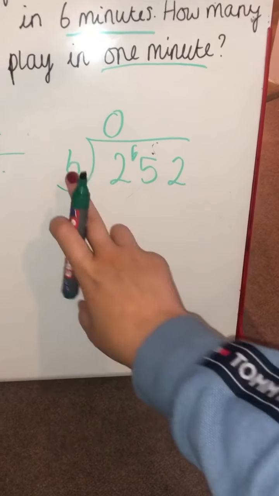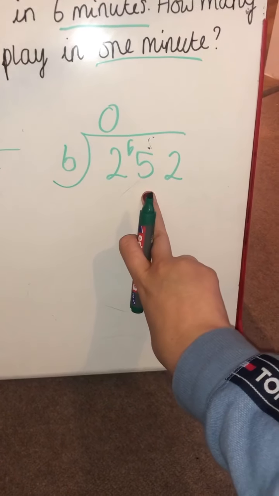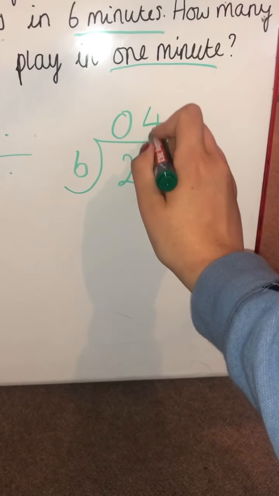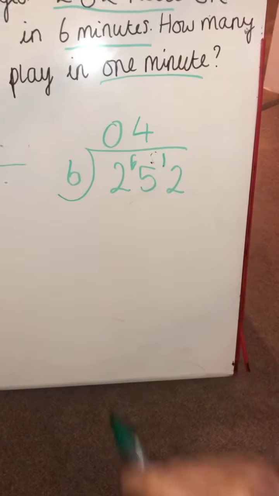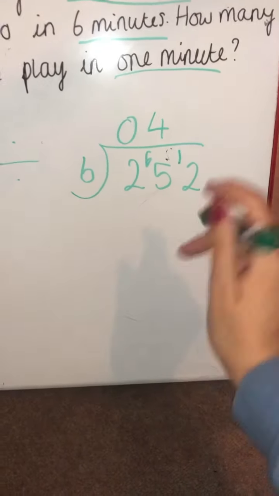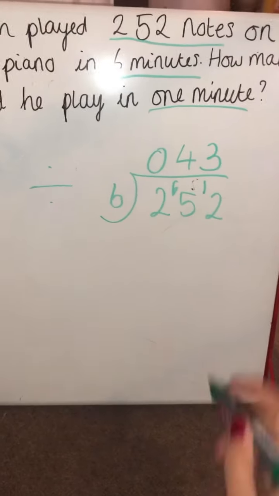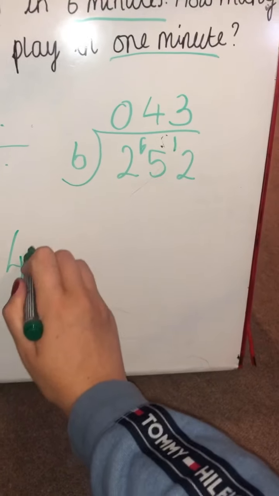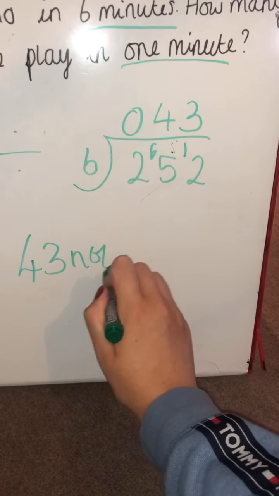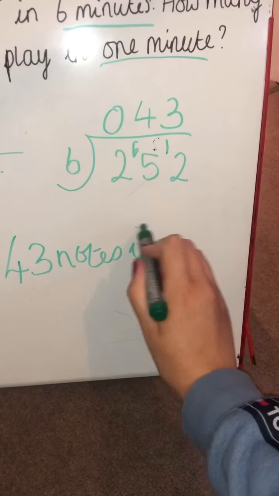Using my magic maths, I know that 6 goes into 24 4 times, 1 left over. 6 into 12 gives me 2 times. Therefore, he played 42 notes in 1 minute.